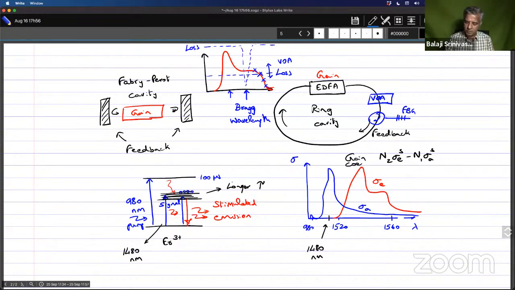The gain coefficient is dependent on this. So yes, it is an essential aspect that it has a long lifetime.